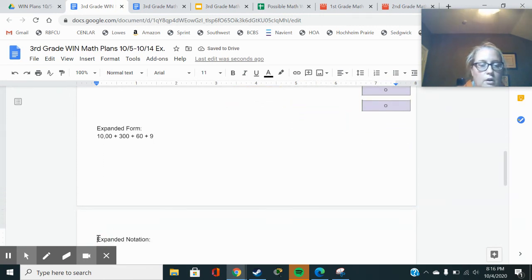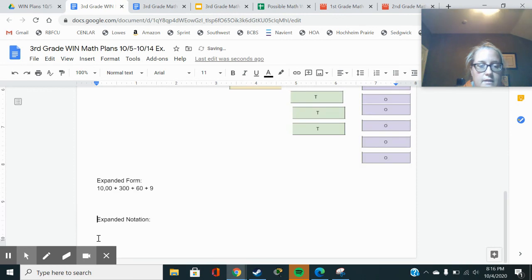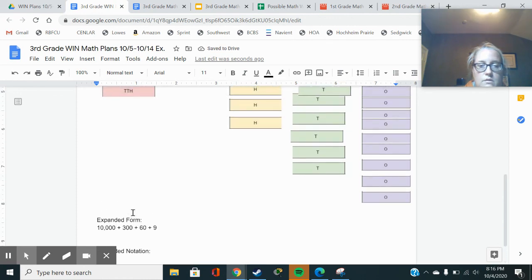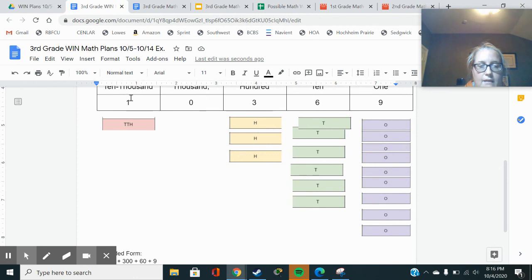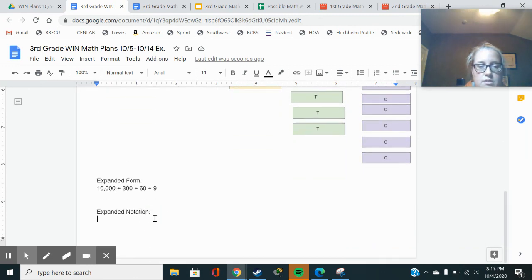Now remember, our goal for this is to get everything into expanded notation. So we are going to use our place value discs to help us. So I have 1 10,000. So I'm going to start with an open parenthesis. I'm going to write 1 times the place it was, which was 10,000.